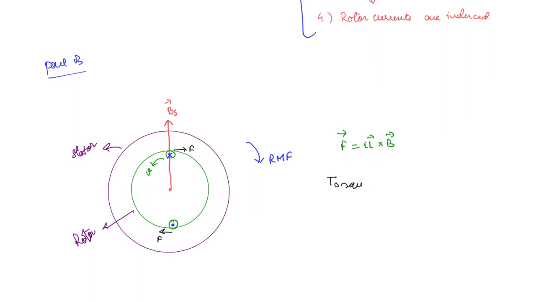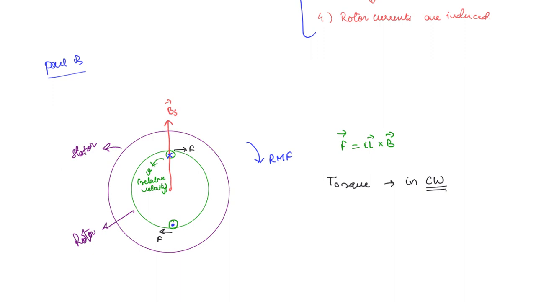And what is the direction of torque? In the clockwise sense. So here the relative velocity between the conductor and the magnetic field is in the counterclockwise sense, but the torque that the rotor is facing is in the clockwise sense. So do not get confused. Just because it is V, do not think that torque is in the counterclockwise sense.